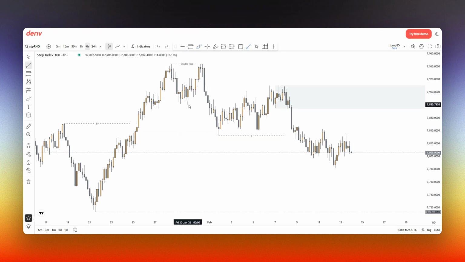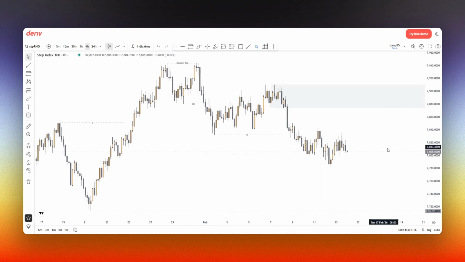I'd say there was a change of character there, and there was a break of structure here. So what I'm expecting for this, you can see there's something here.